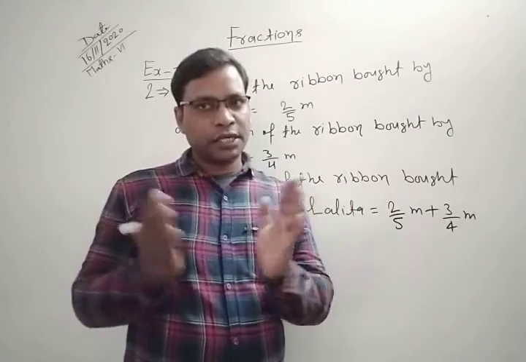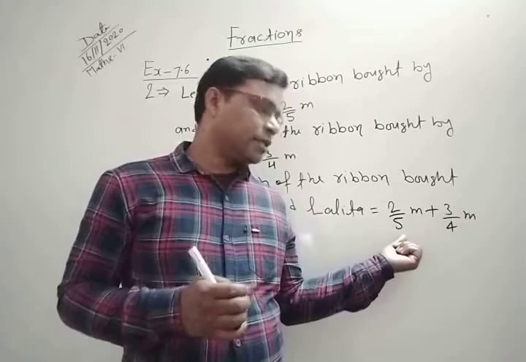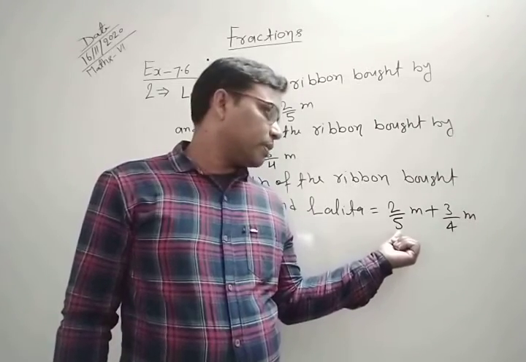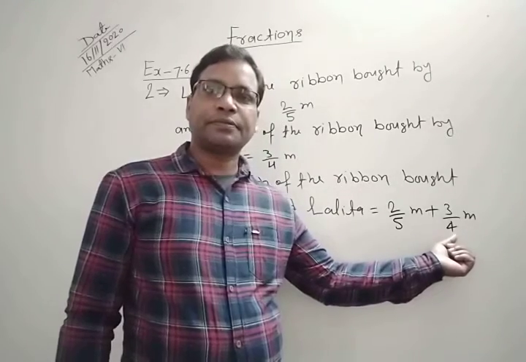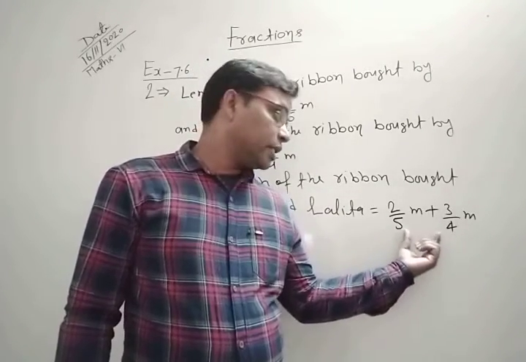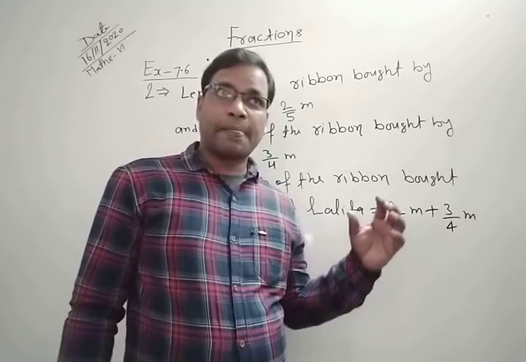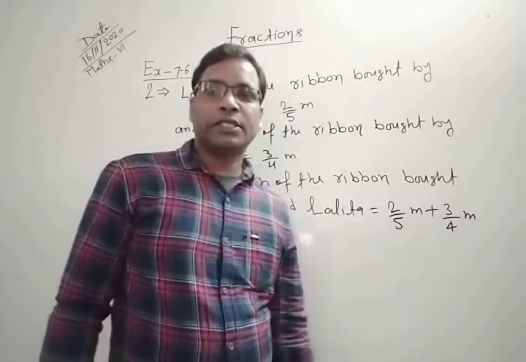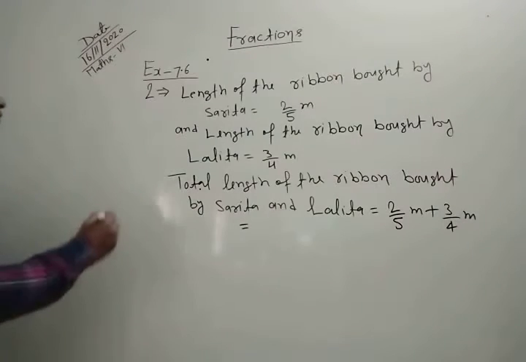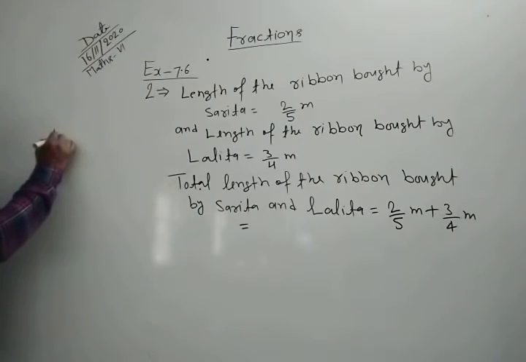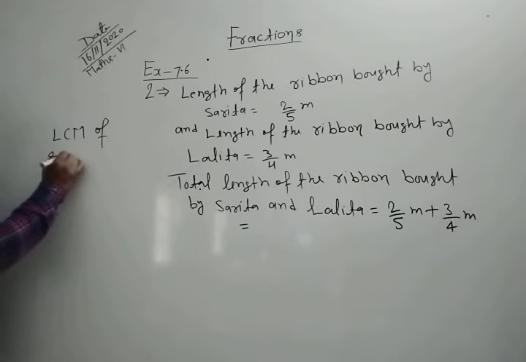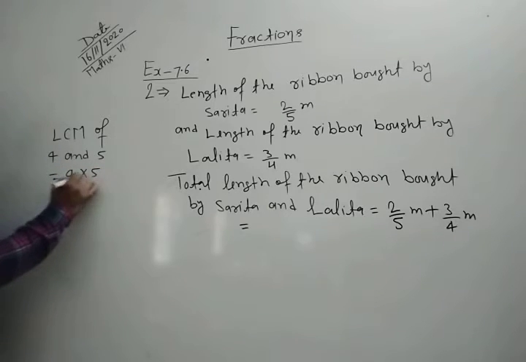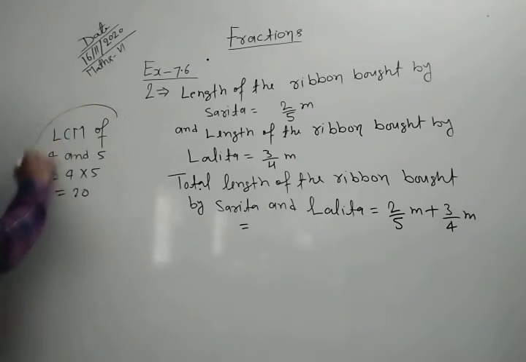The LCM is the product of the denominators, because the denominator 5 is a prime number and the denominator 4 is a composite number, but they are not multiples of each other. So the LCM of 4 and 5 is equal to their product, which is 20.